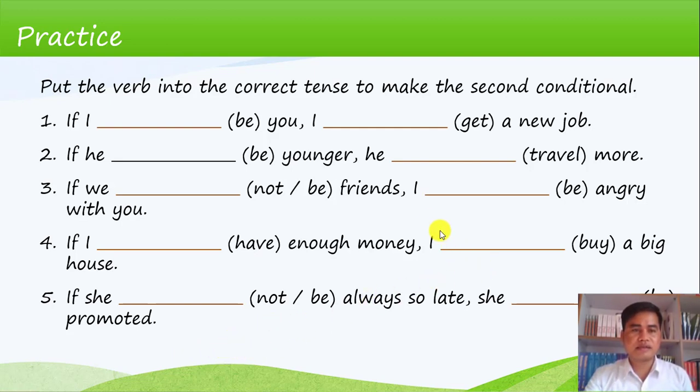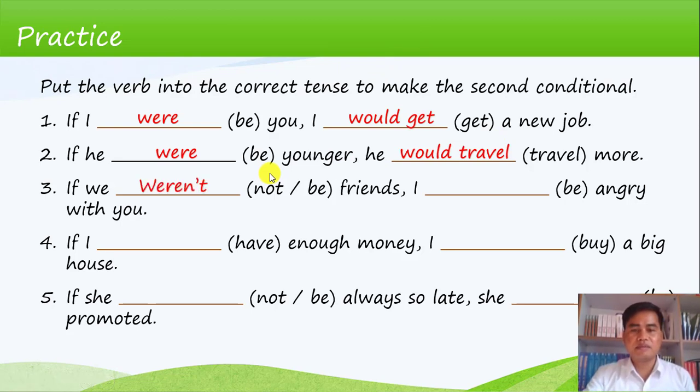Okay, let's check the answers together. Number 1, if I were you, I would get a new job. So we use were for be, and would get. Okay, number 2. If he were younger, he would travel more. Number 3.